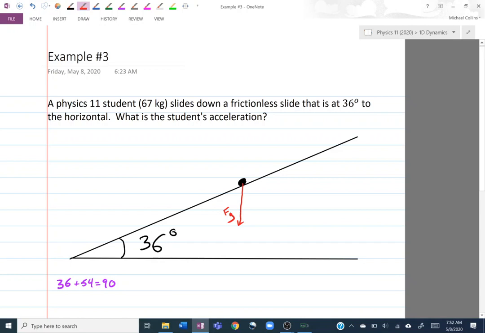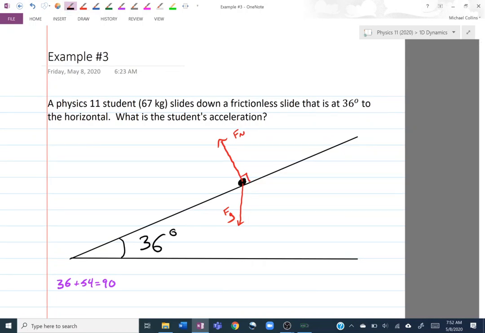Your normal force does not always act upwards. If you're flat on the ground, it does, but that's only because it acts perpendicular, which means at 90 degrees, to the surface that you're on. So it acts this way. That's our normal force, perpendicular to the surface.